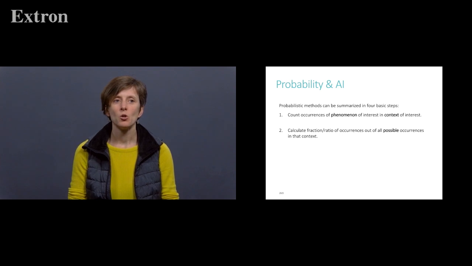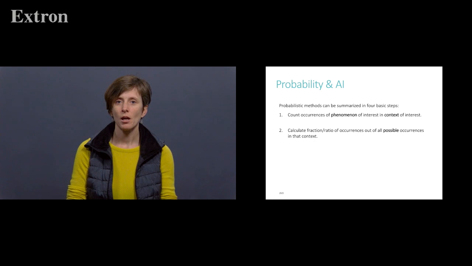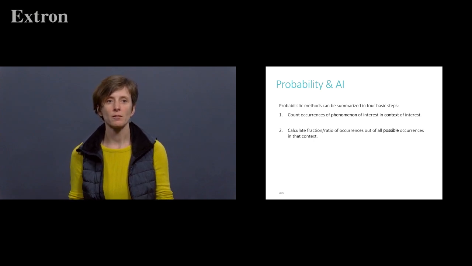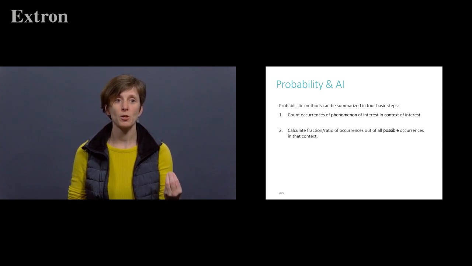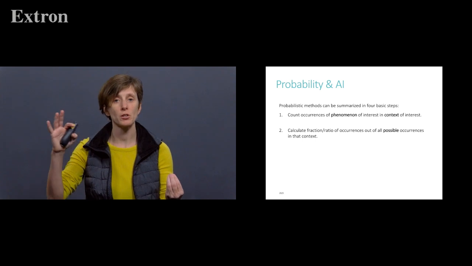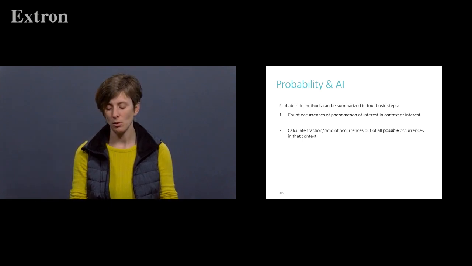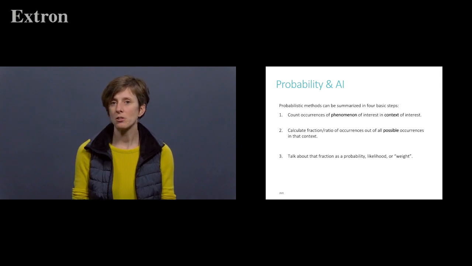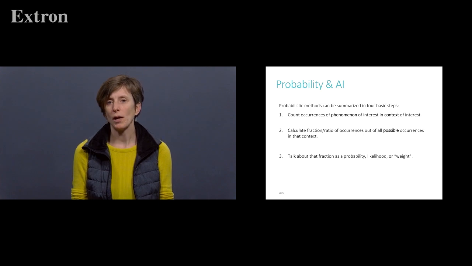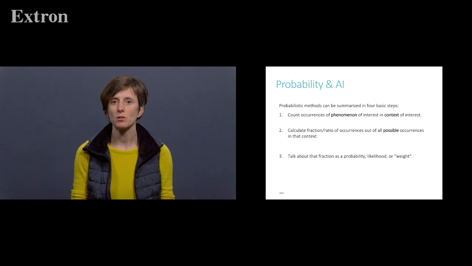Then you calculate a fraction or ratio of the occurrences of the phenomenon you're particularly interested in out of all the possible occurrences within that context, okay? Then you take that fraction or ratio and you turn it into a probability, likelihood, or weight. But basically, you talk about it as if it was a probability instead of just a fraction.